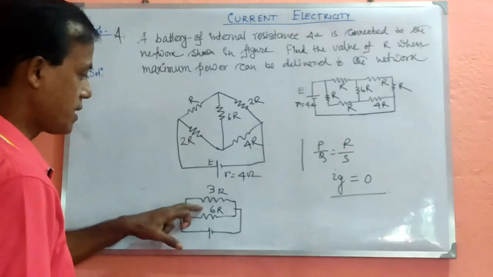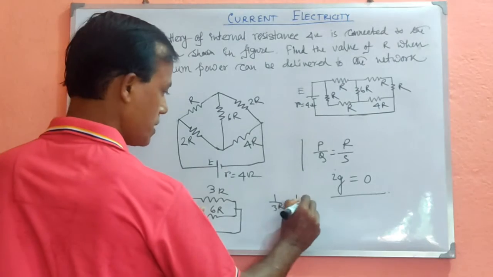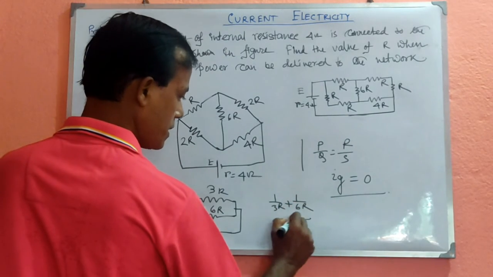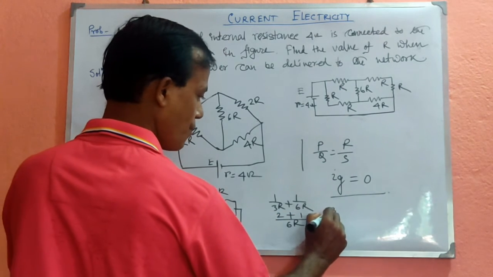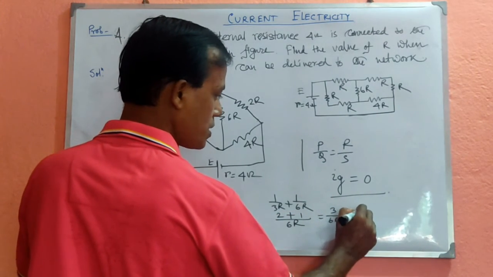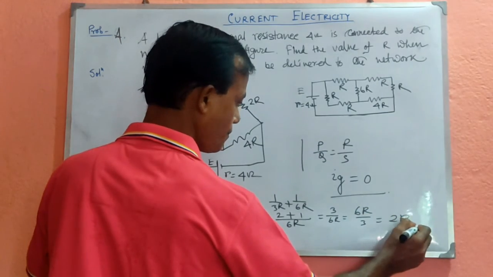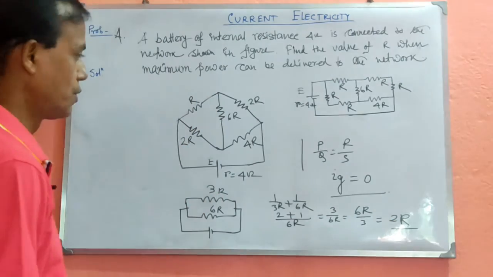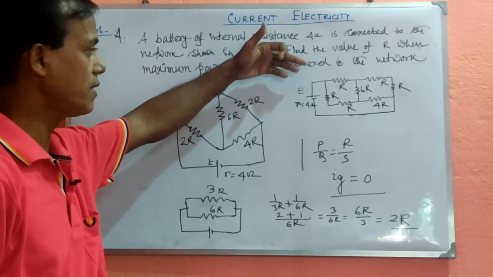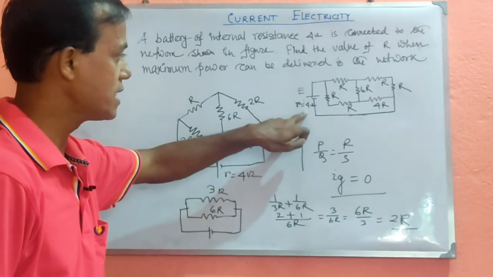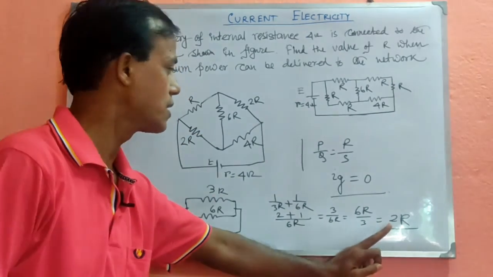So 3R and 6R are in parallel, so 1 by 3R plus 1 by 6R, that is 2 plus 1, 3 by 6R, means 6R by 3, means 2R. So to get maximum power delivered, battery internal resistance 4 ohm must be equal to the total external resistance, that is 2R.